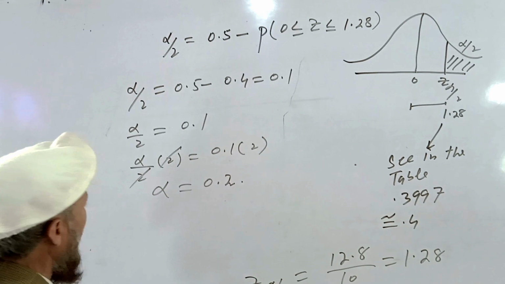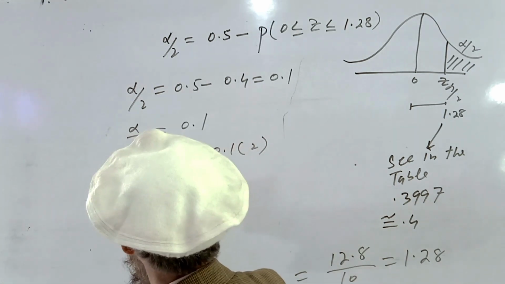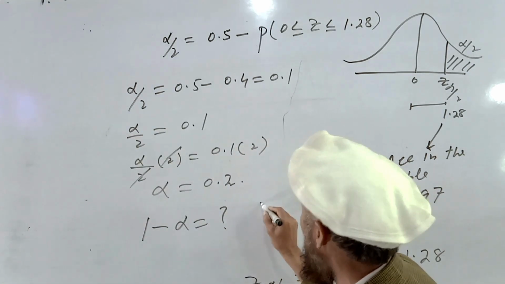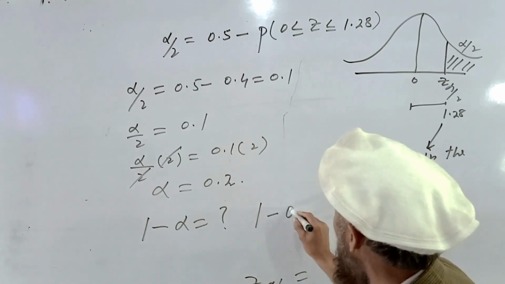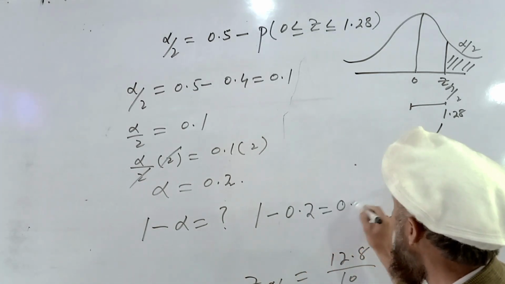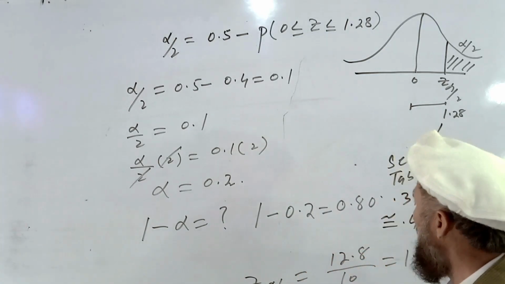Now we require the confidence coefficient, 1 minus alpha. So we calculate 1 minus 0.2, which is equal to 0.80.